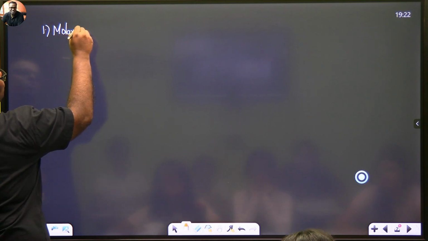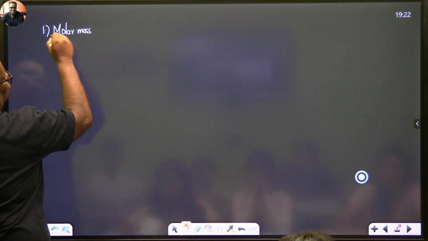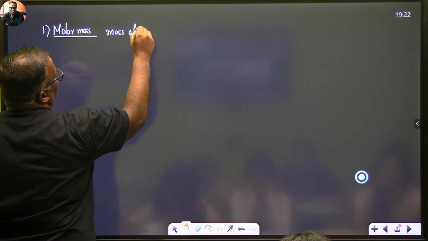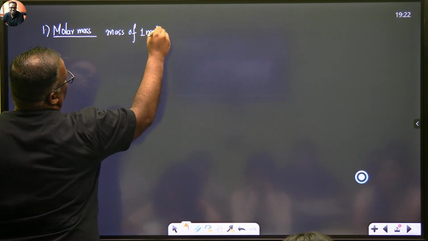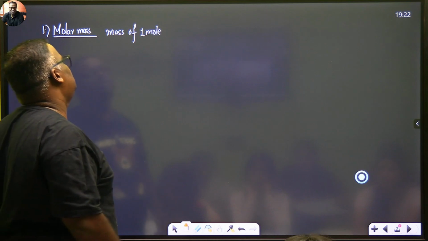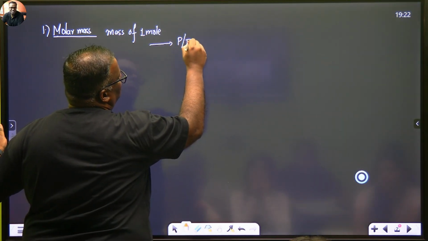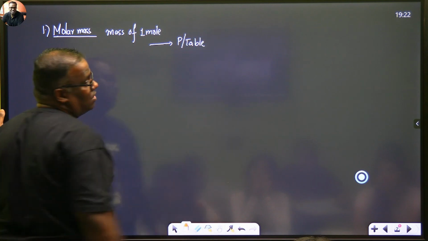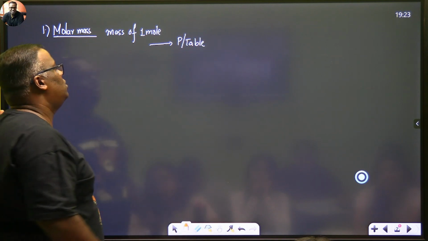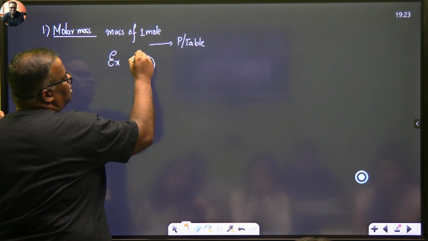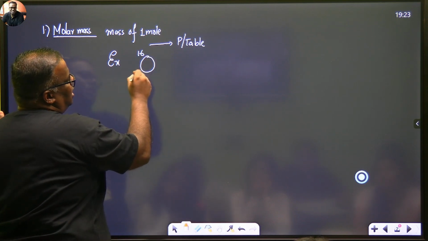Have you understood what is molar mass? Molar mass means mass of 1 mole. Sir, how do I get this mass of 1 mole? Straight away look into the periodic table. Whatever data is given, that is molar mass. For example, oxygen is written as 16 and 8 out here.